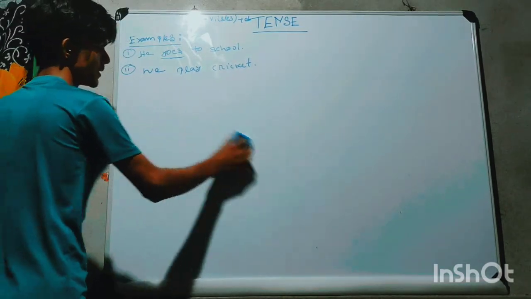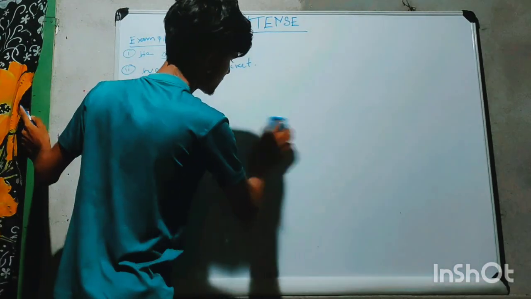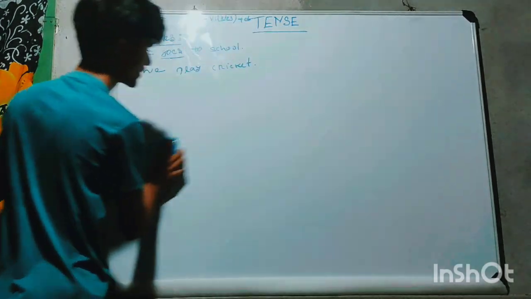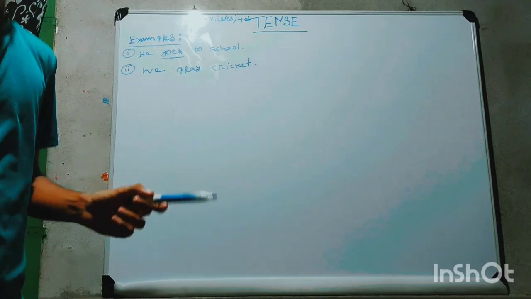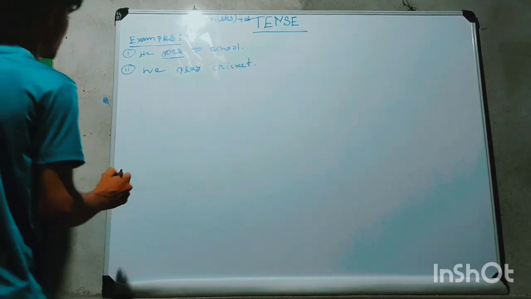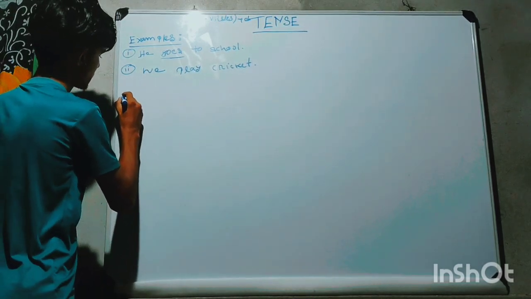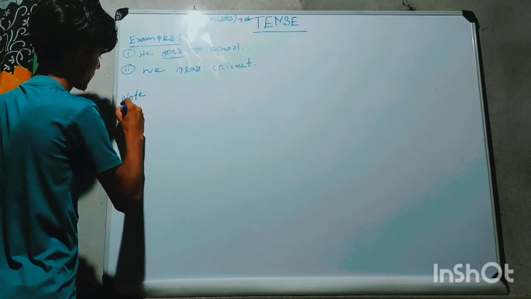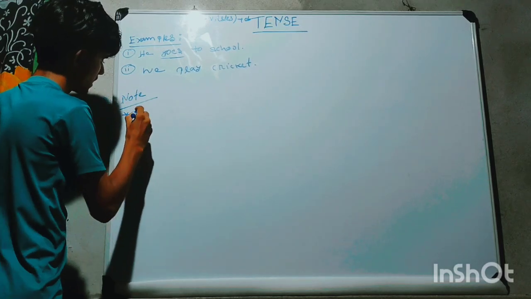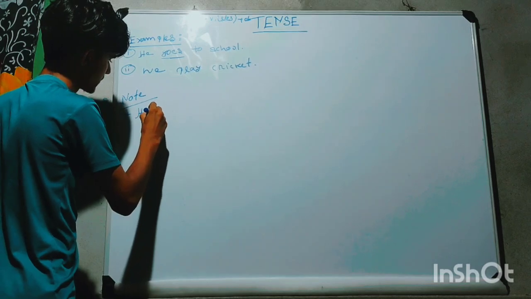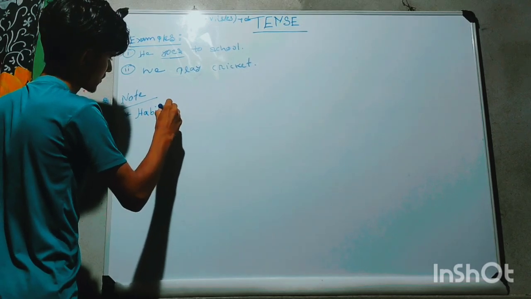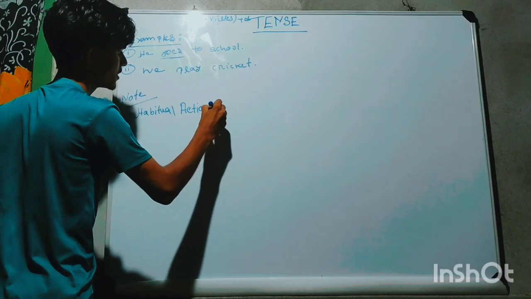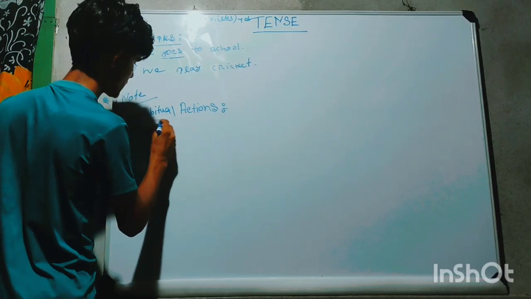If the sentence claims a habitual action, it falls under present indefinite tense. Note one: habitual action. The things which become habit are known as habitual actions.